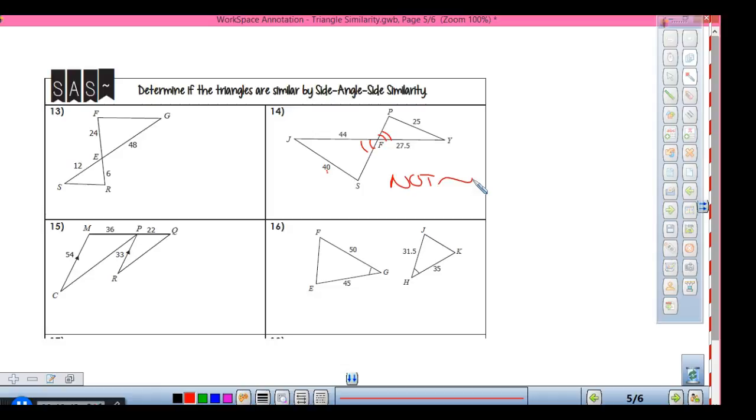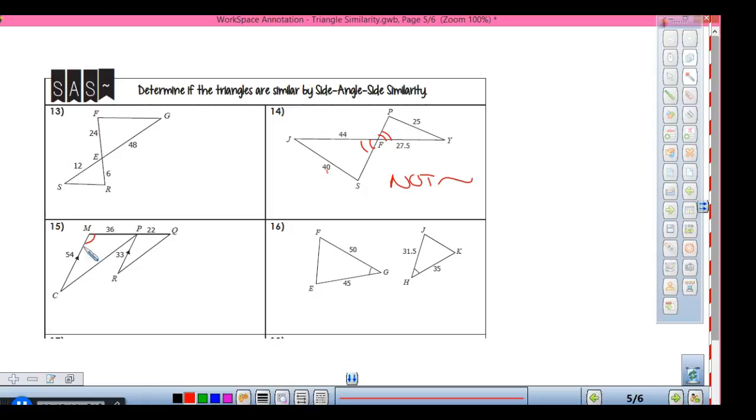Okay, if I look at 15, what angle do I have? I have corresponding angles. What are my corresponding angles? P and R are not corresponding angles. C, M, P, C and R. C and R, you can't say C and R because they're not even on a line.